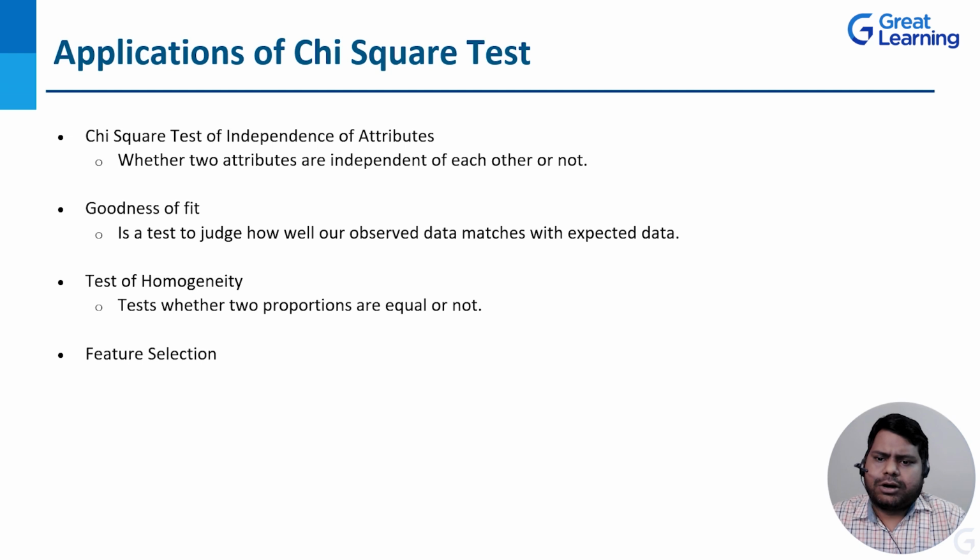Another application of chi-square test is test of homogeneity. In homogeneity, we test to identify whether the two samples which are selected are taken from the same population or not. For example, let's suppose a survey team wants to know what minerals are present in water within a radius of 1 kilometer.